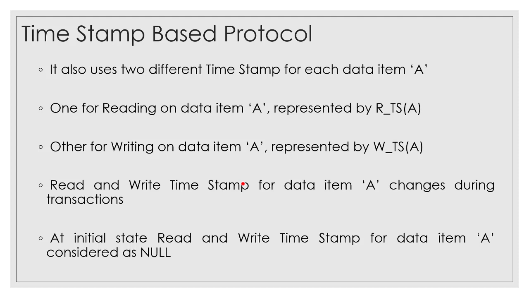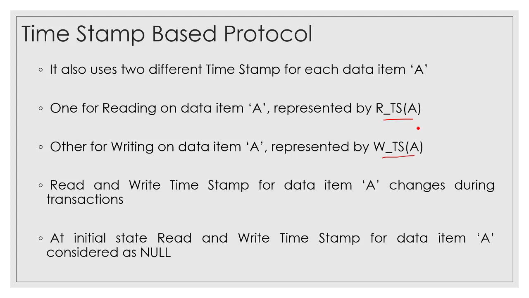The reading timestamp will be represented by R_TS(A) and the writing timestamp will be represented by W_TS(A) on the data item A. The read and write timestamps for data item A change during a transaction. So, as we know that the timestamp of a transaction does not change during execution, but the read and write timestamps change in time.